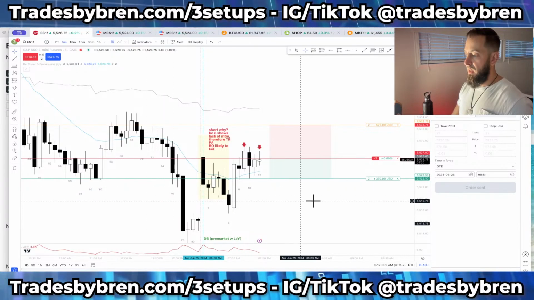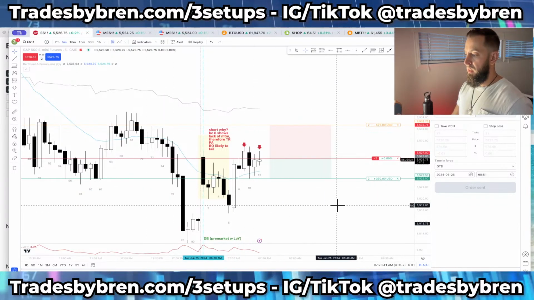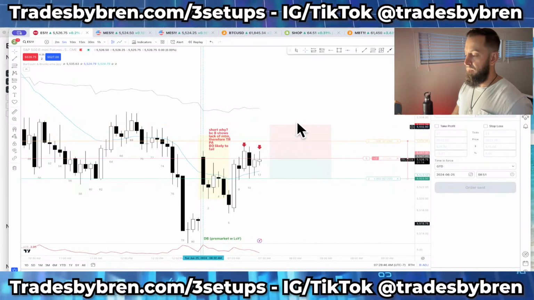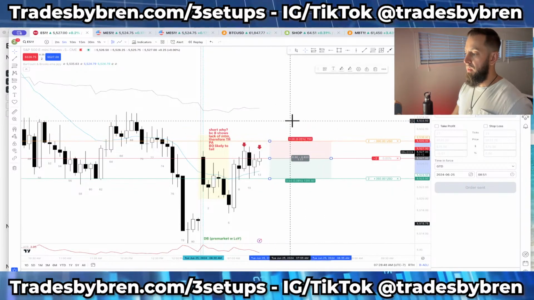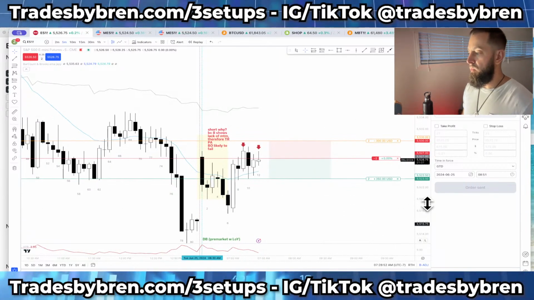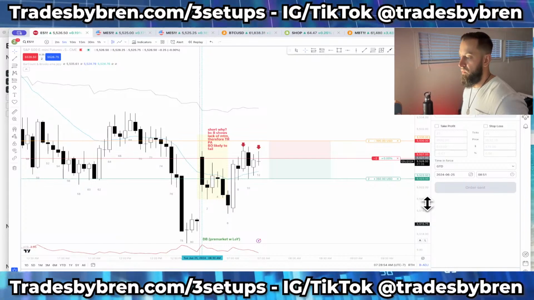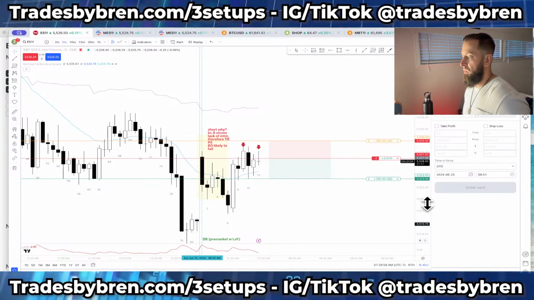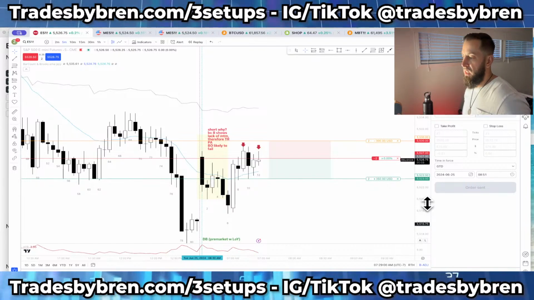Expecting us to come down and test these lows again. If we need to tighten that stop, we can. Minute left on the candle. Let's see what happens.